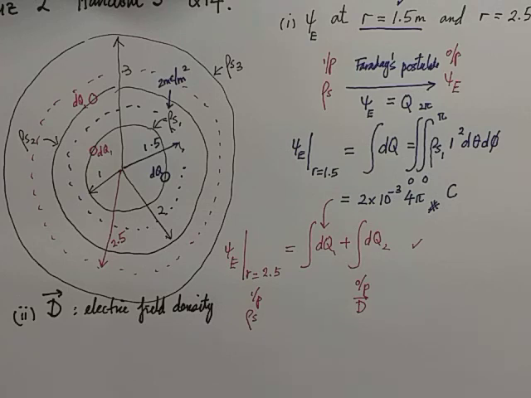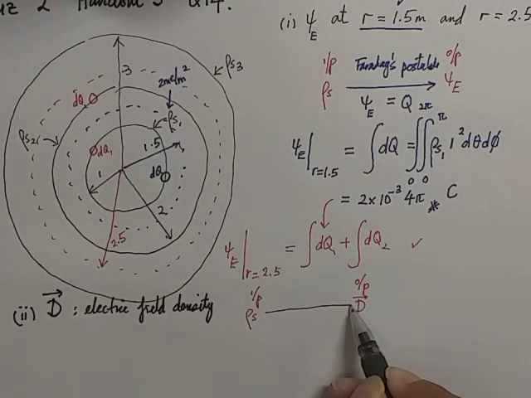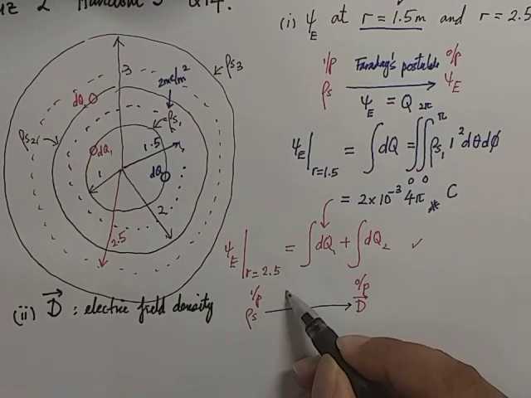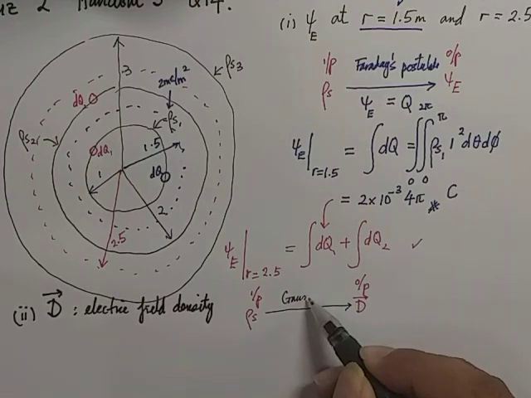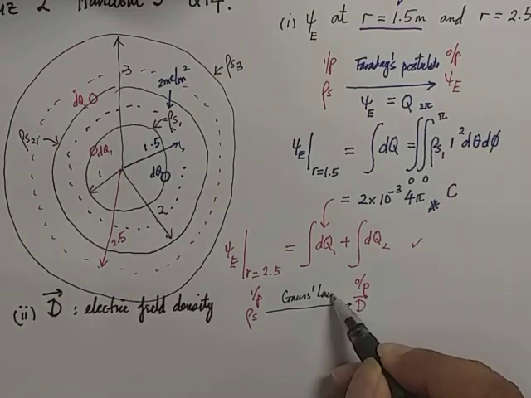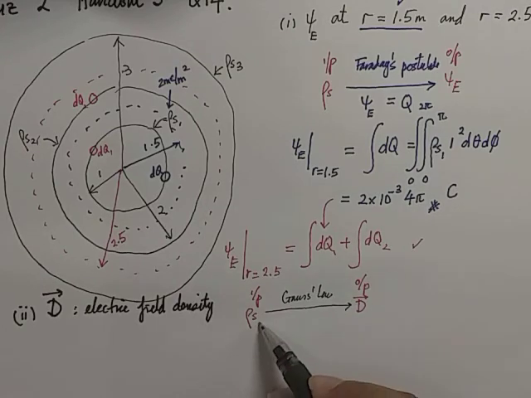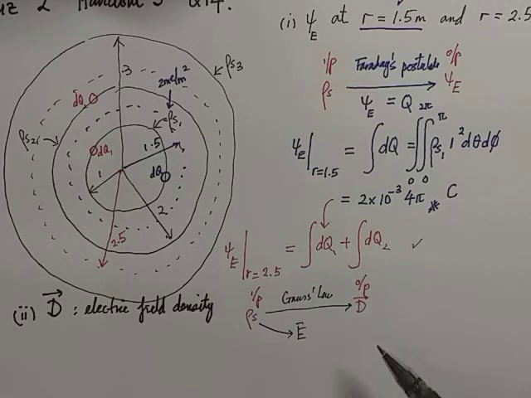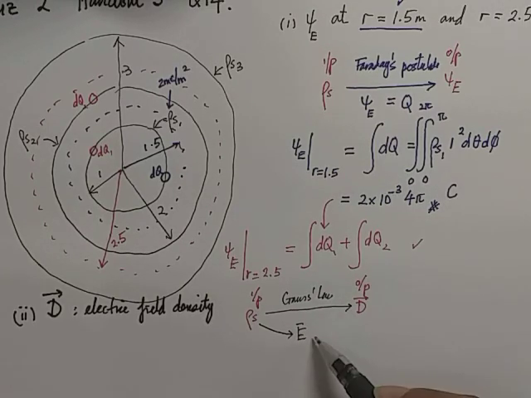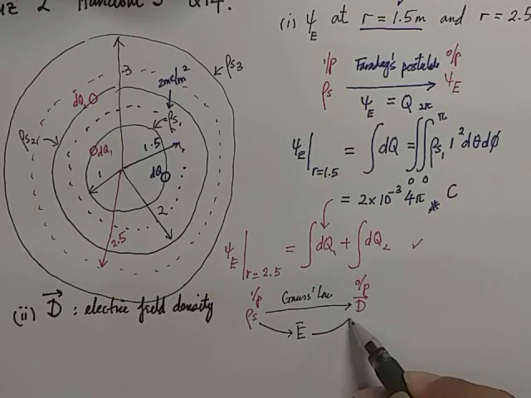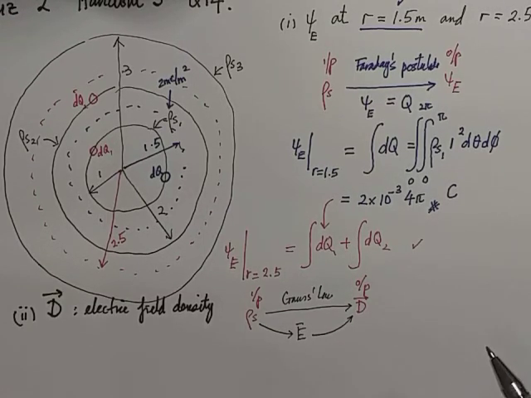Now, how am I able to link these two parameters together? Okay, we've been informed that I can find D from charge by using Gauss law, or I can use another method, finding first the E. E is known as electric field intensity. Then from E we can convert into D using the medium, and in this case the medium is assumed to be free space.